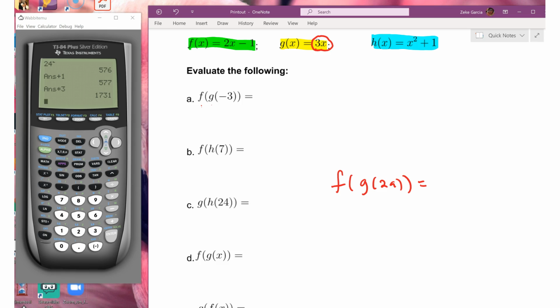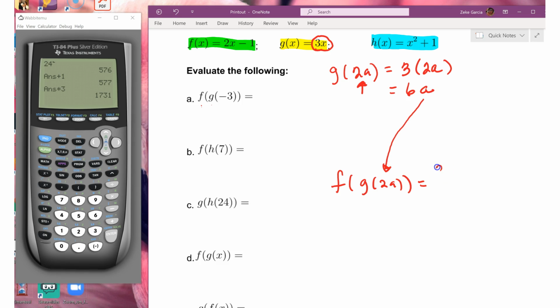For the next one, we have f, and then we have g of 2a. So let's figure out g of 2a. And we notice that the input, once again, is 2a, and that's going to take the place of x. So 3 times 2a gives you 6a. That will go in the place of g of 2a.